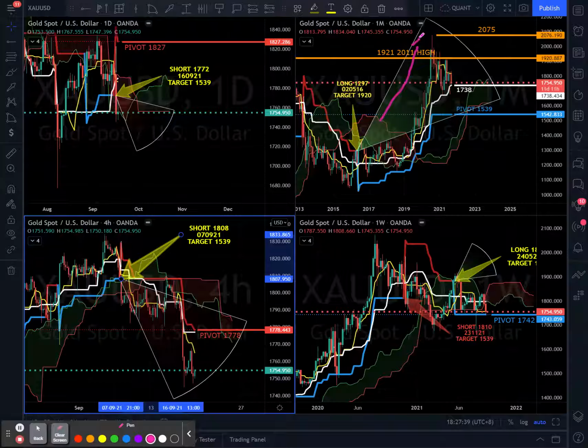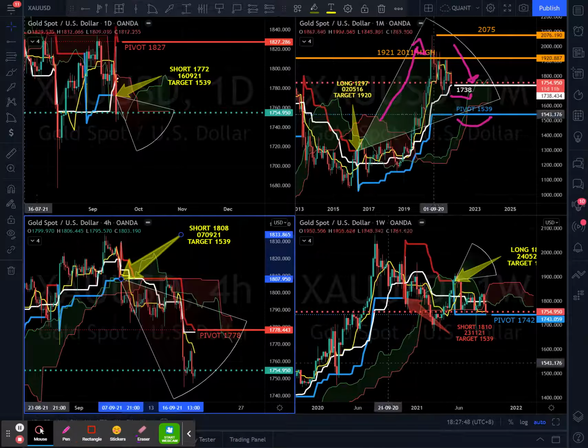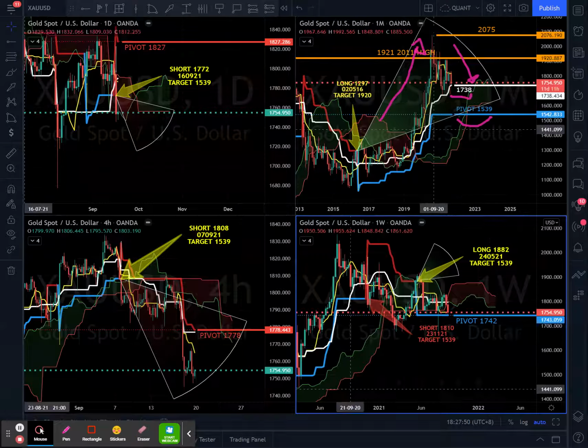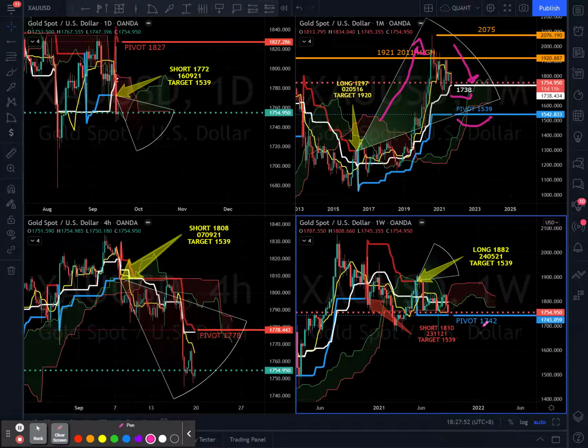All right, so as a recap, what we have spoken for gold, essentially on the longer term charts, is still on an uptrend, pullback, support at 1738, if not support at 1539. And on the medium term charts on the weekly basis, we already have this particular pivot support at 1742. We need to watch this critical level of 1742 for more weakness or a bounce back up to test that 2075 level.